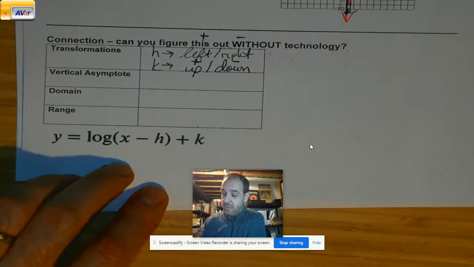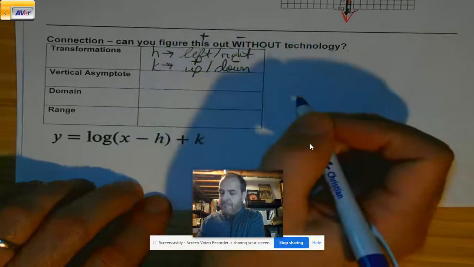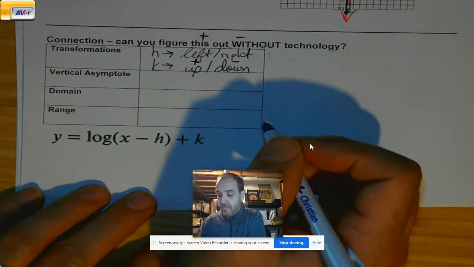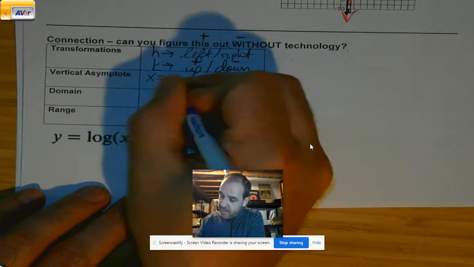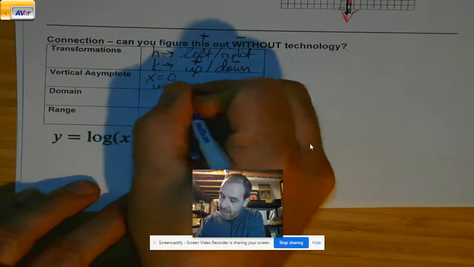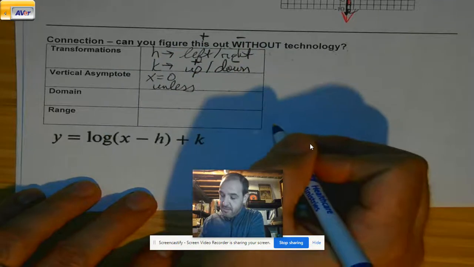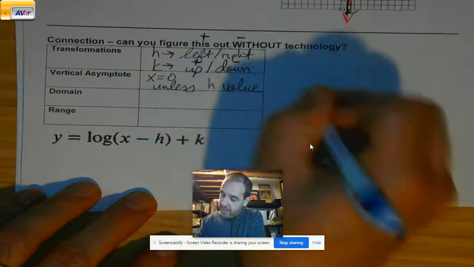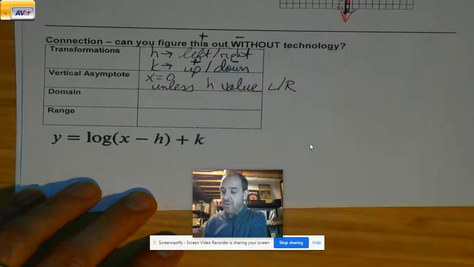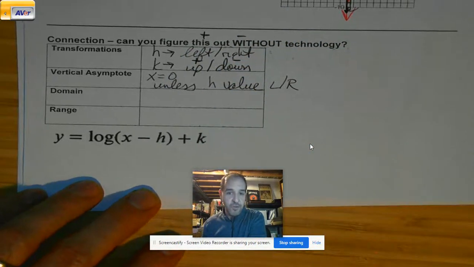Vertical asymptote. Now, that's going to depend. Okay? It's x equals 0 unless there's an h value. In other words, unless you're moving left or right, that vertical asymptote's not going to move.